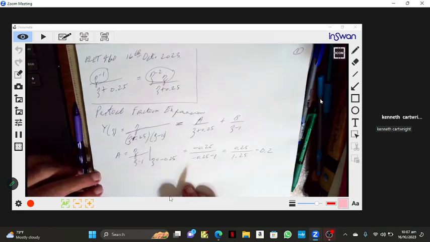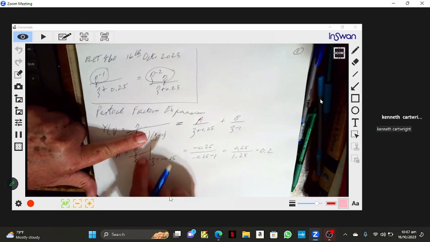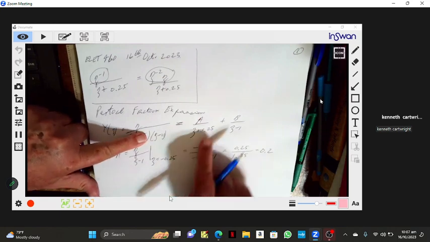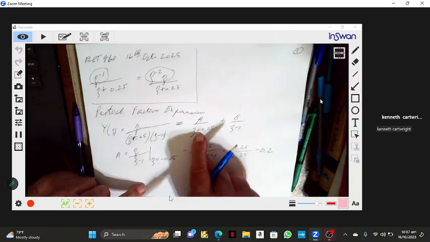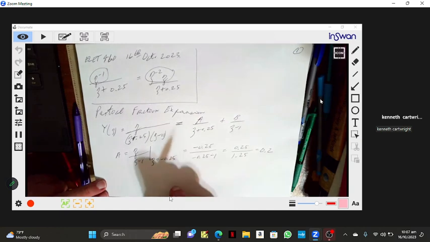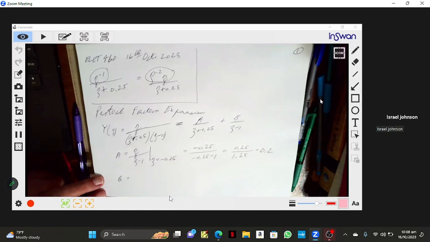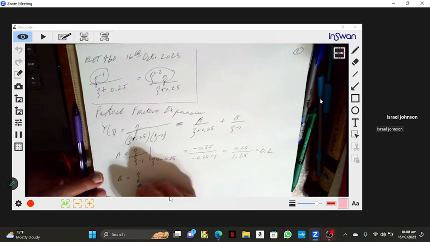Okay. To get A, we cover up that and we are left with z over z minus 1. And then we put in the value of the root of what's dividing A. So what's B? What's B equal to? Would that be z over z plus 0.25?